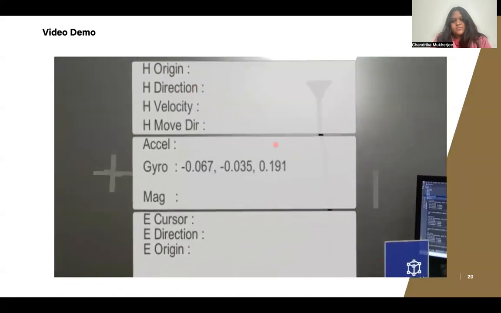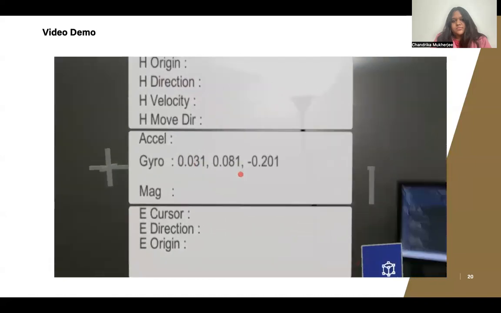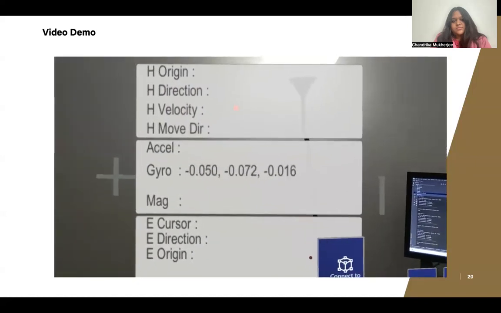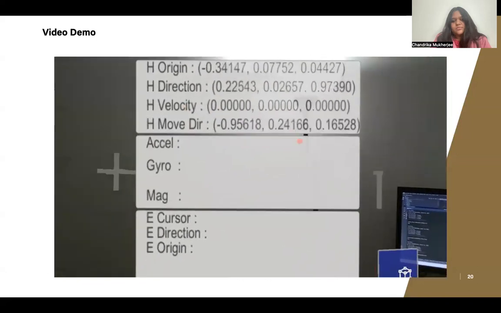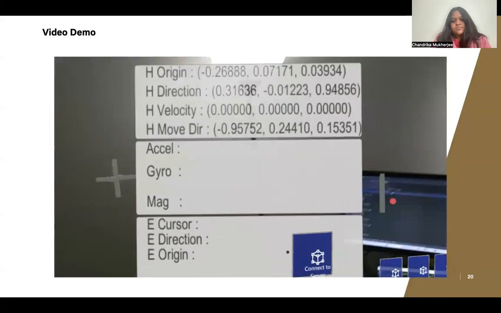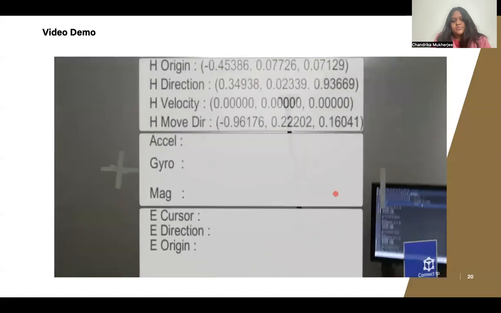So if I say "log head tracking," it will only show us the data from head tracking, and similarly, if HoloLens 2 is transmitting the data, it will only transmit the head tracking data.